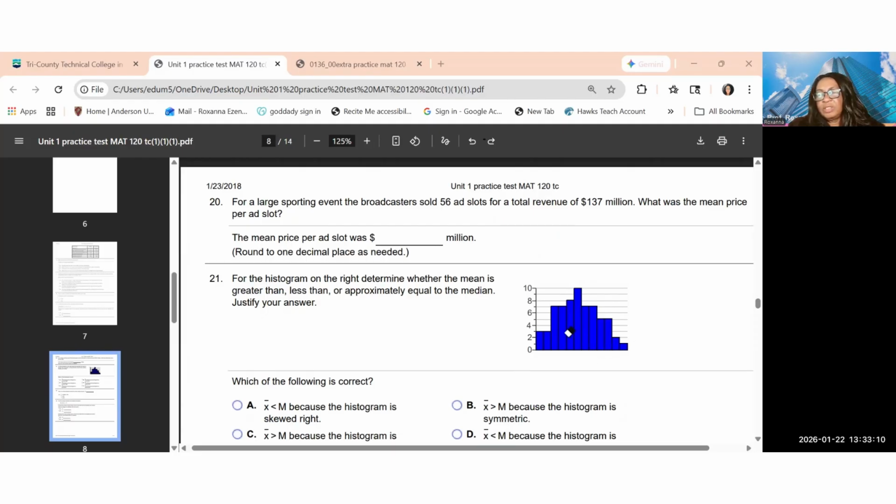There are no numbers, so how do we know the exact values? But anyway, what we can do is estimate.